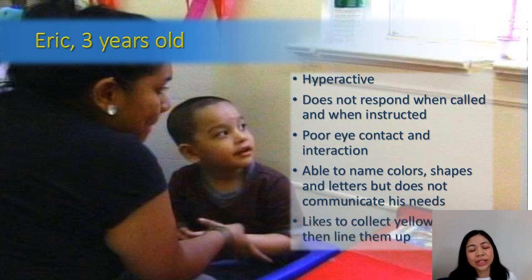And he likes to collect yellow pencils and line them up. This appears to be a fixation or an example of a repetitive behavior. So in this case, going back to the original question, if Eric has special needs, it appears that he has red flags for autism spectrum disorder and requires further specialist evaluation.